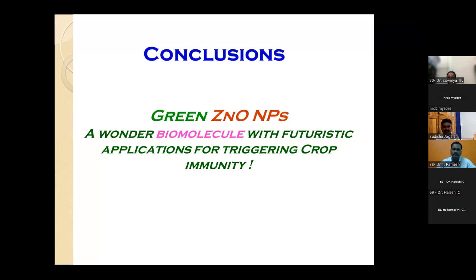Definitely, we can protect the plant. We can protect the genetic resource of the plant material that is available, and I am sure that this is a very excellent material for future application for triggering the crop yield.